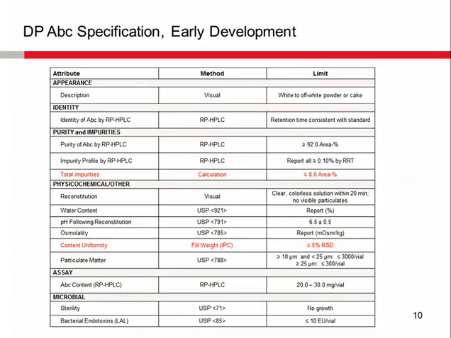So in this particular case, IPC, in-process control, if you'd done a fill weight during the fill manufacture where you had rejects of plus or minus 5%, as indicated here, you can pull that forward, put that on the C of A, and call that content uniformity. So you don't have to cannibalize your precious drug product vials until later when you're at full scale, when it's not a big deal to sacrifice that many.